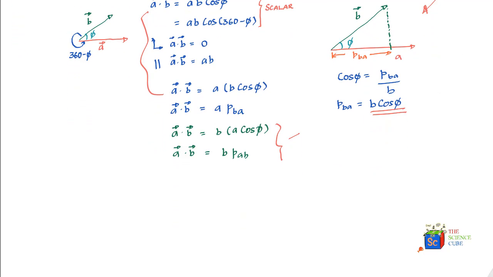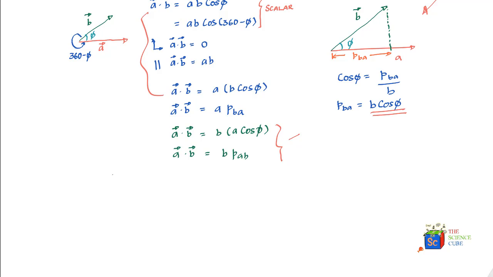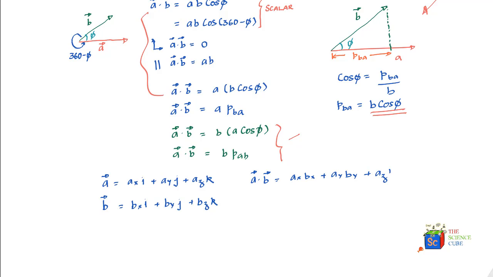Okay, so moving on, if vector A is written as AXi plus AYj plus AZk, and vector B is written as BXi plus BYj plus BZk, then A dot B would equal AX BX plus AY BY plus AZ BZ.